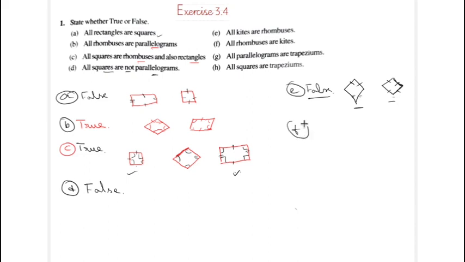Now number F. All the rhombuses are kites, just the opposite. Now first we will draw a kite. So this is a kite, just a rough sketch, and say this is a rhombus. Now what is the property of a kite? That the adjacent sides are equal.